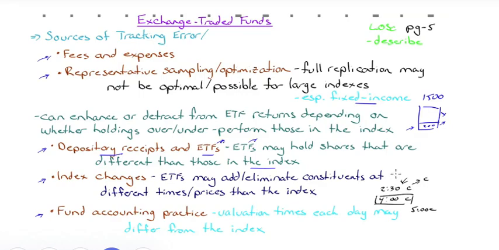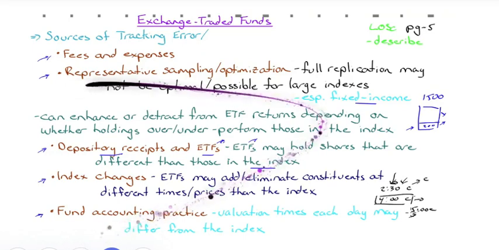It's just when the bell hits 2:30 in that market, that closing price at 2:30 becomes the closing price of the commodity, but the commodity still trades. So at 4 o'clock, it may have a different price than it had at 2:30. And again, for currencies, for example, if you strike them at 4 o'clock, it'll have a different price than it would at 5 o'clock. So depending on what time of day you make that valuation, you might have tracking error from day to day.